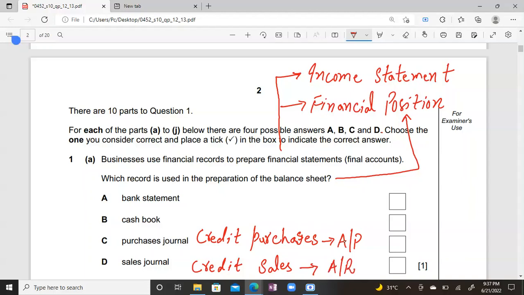So here we know only one side or one aspect, which is accounts payable, which is in the balance sheet as a current liability, and accounts receivable, which is a current asset in the balance sheet.